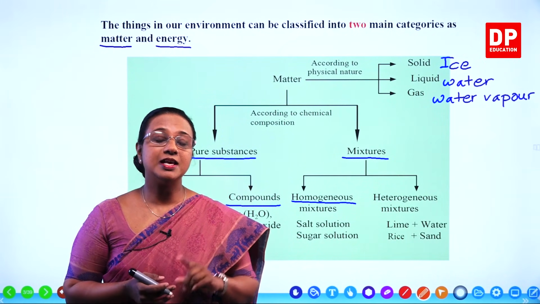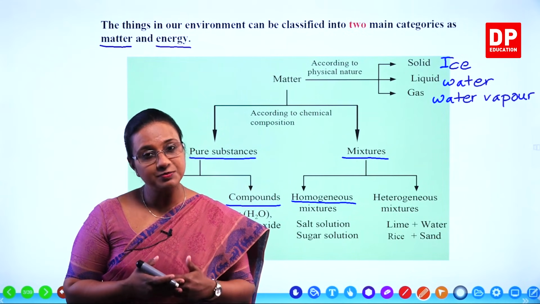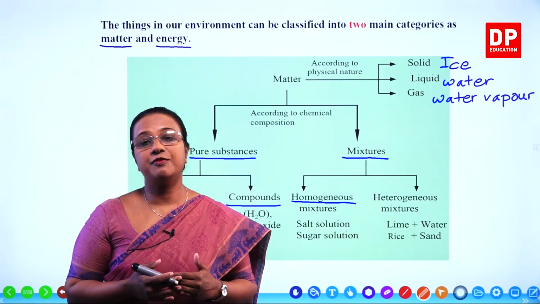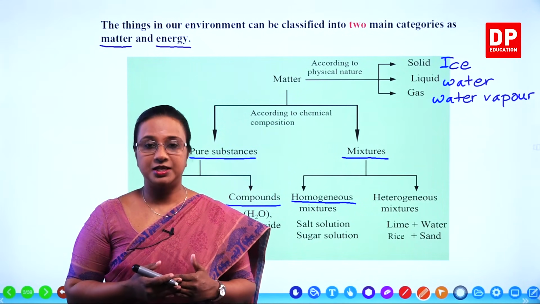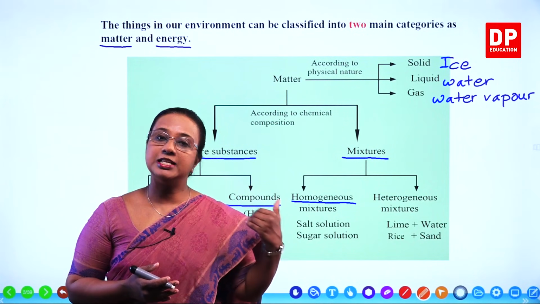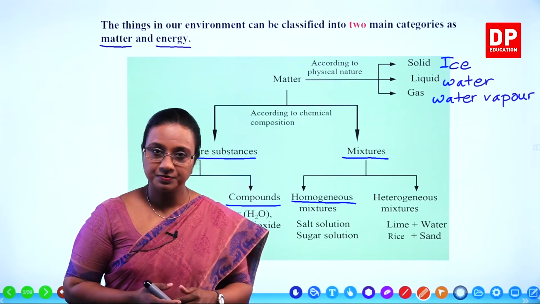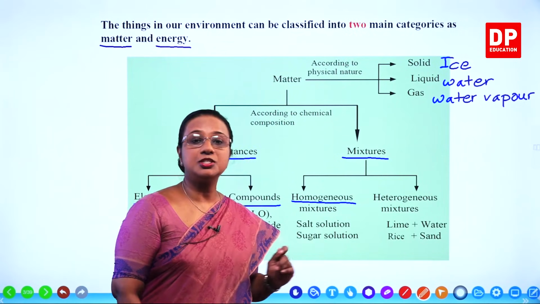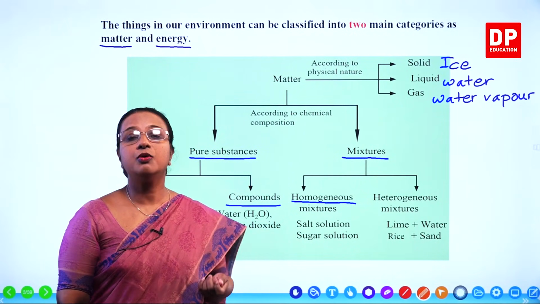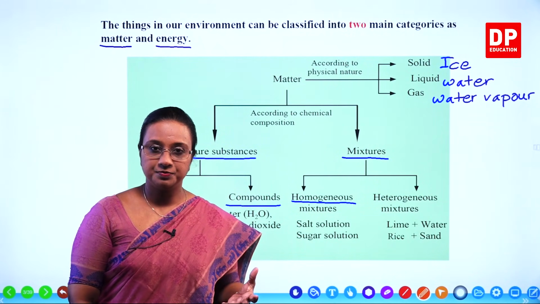So that means the composition of the lime juice had been uniform throughout the mixture. So therefore, it is an example of a homogeneous mixture. Similarly, sugar solution is a homogeneous mixture.